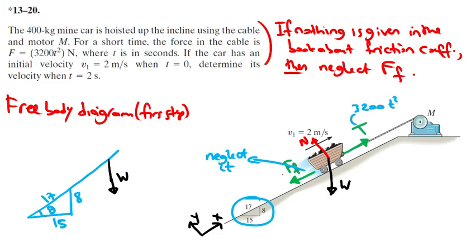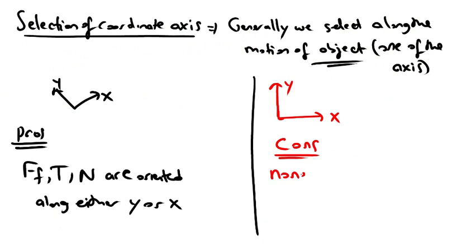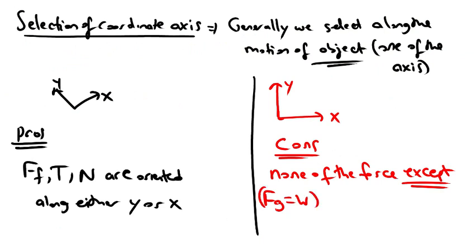The cons is that here none of the forces, except the F gravity, or I will say the weight, is oriented along either y or x. That is the advantage of going this way.